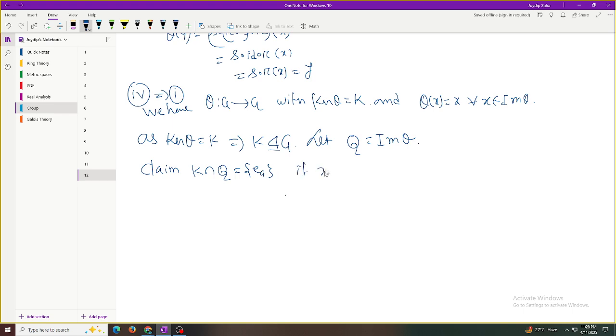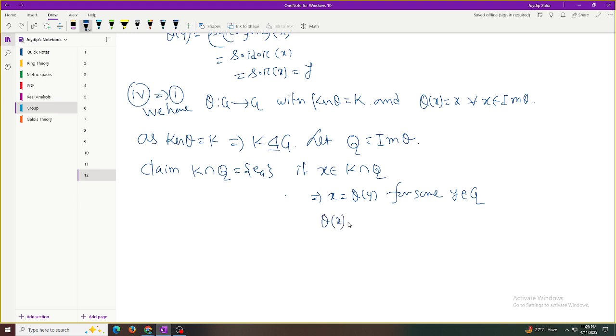If X belongs to K intersection Q, that is X equals theta Y for some Y belonging to G, because it lies in the image, Q is the image.